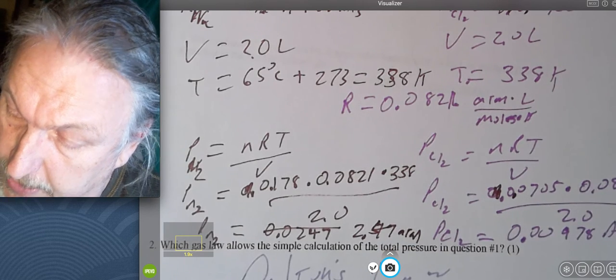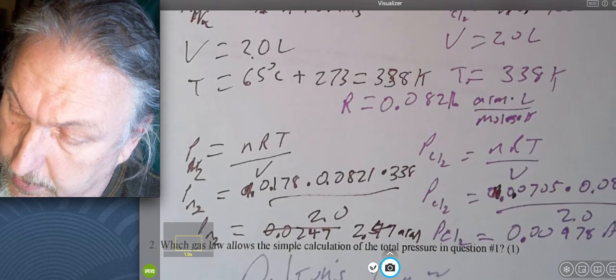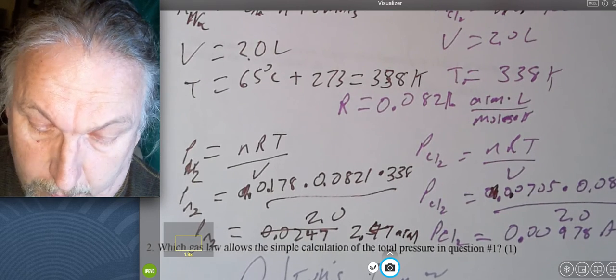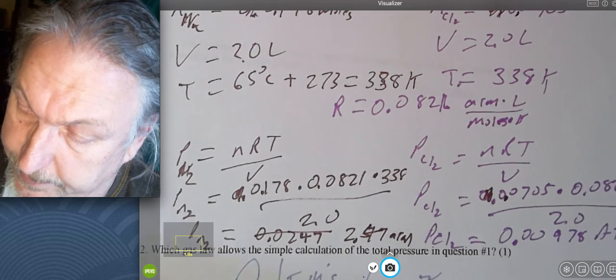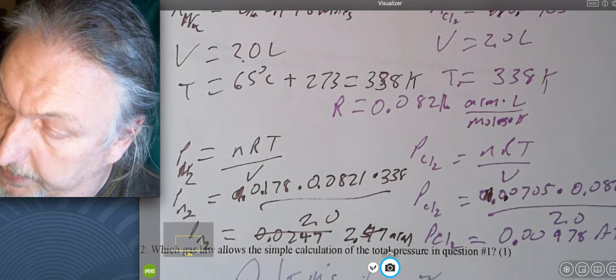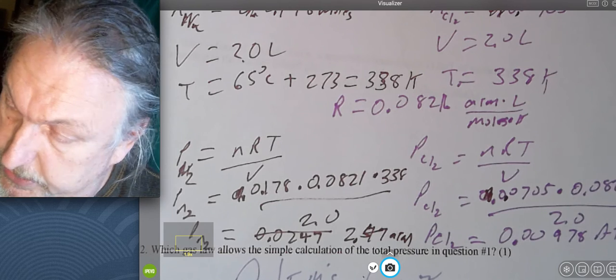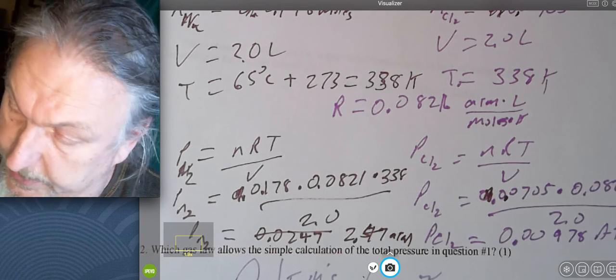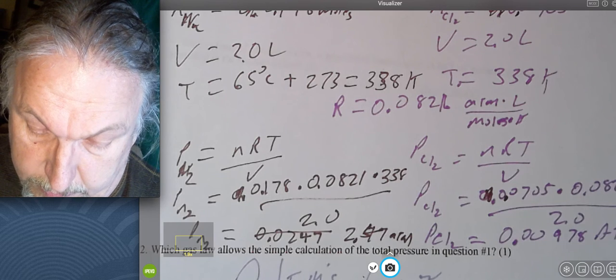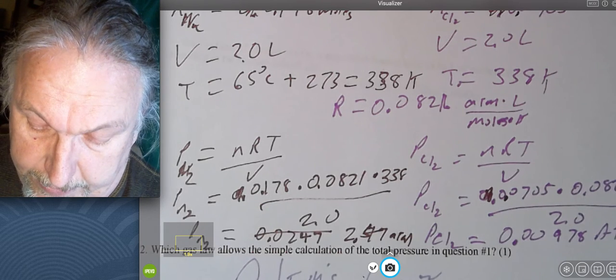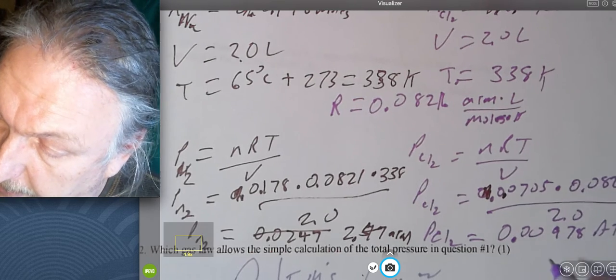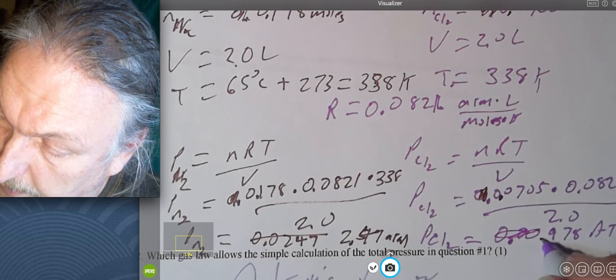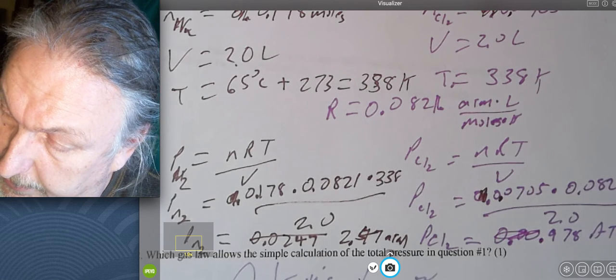So I'm going to take it down here. P total equals 2.47 atmospheres plus the pressure of the chlorine gas, 0.0705 times 0.0821 times 338 divided by 2. Now that time I got 0.978, so I'm going to write it down here, 0.978 atmospheres.